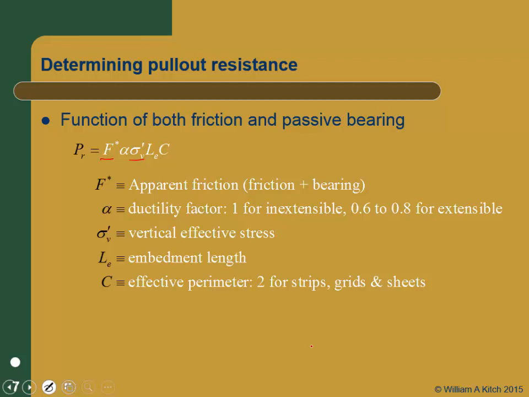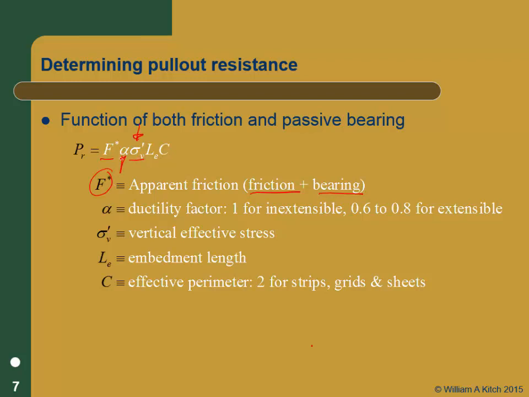Even though the pullout resistance is a function of friction and bearing, we're going to convert those both into an apparent friction term, or if you want, you can think of that as an apparent coefficient of friction. And that's going to be multiplied by the vertical effective stress.